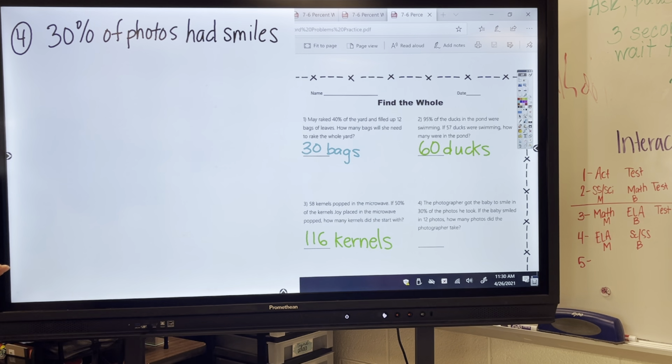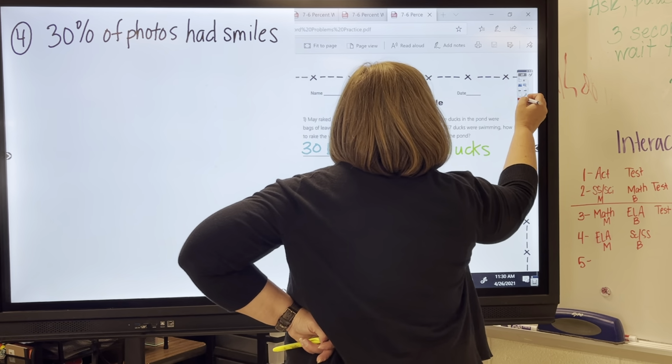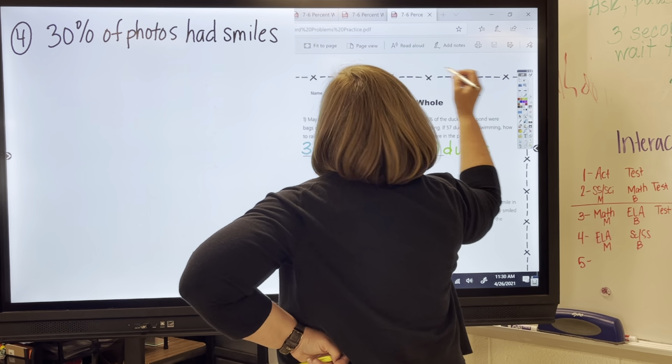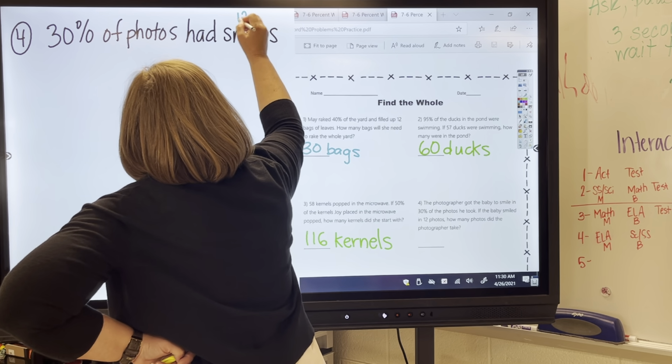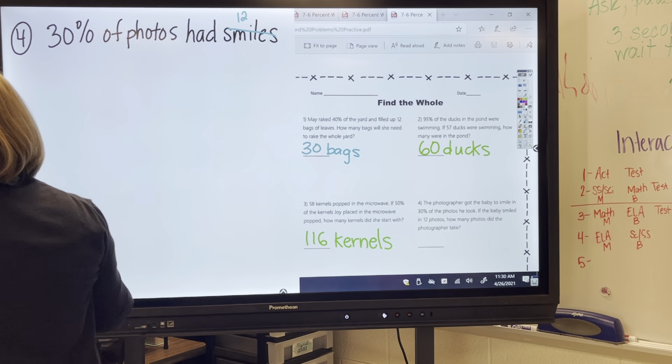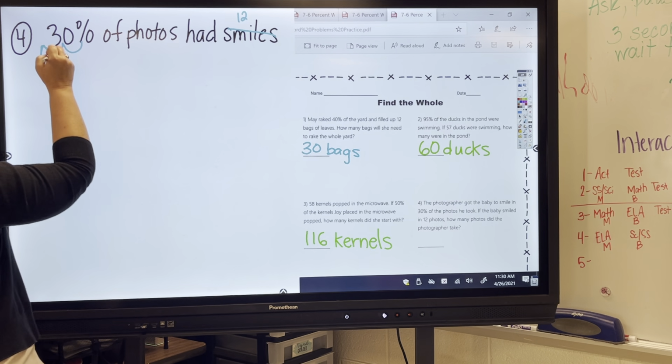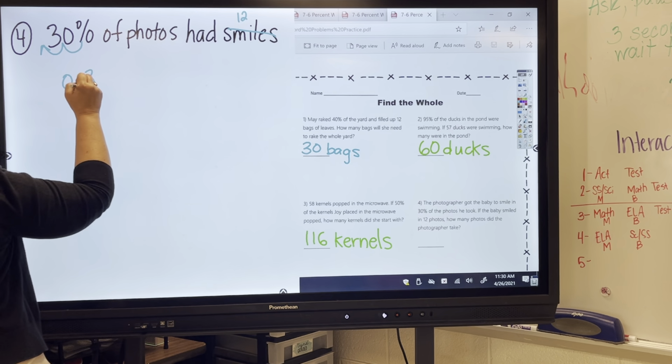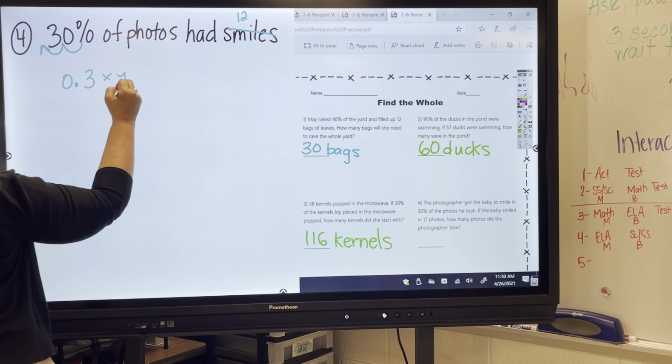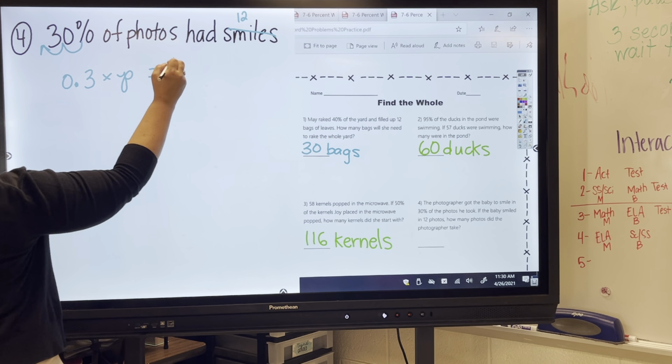So 12 tells us what? 12 photos tells us what? Is that the total or how many the baby smiled? How many the baby smiled. So that 12 is going to go here for my smiles. Of means multiply. I don't know how many photos.